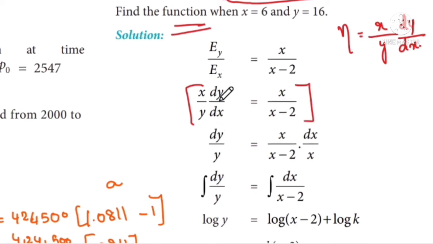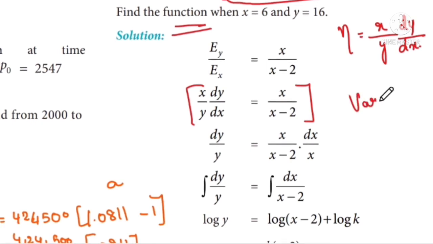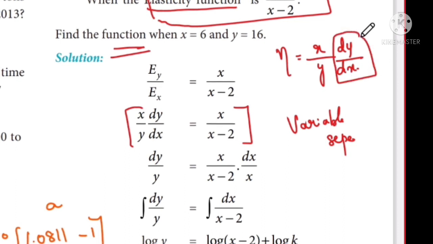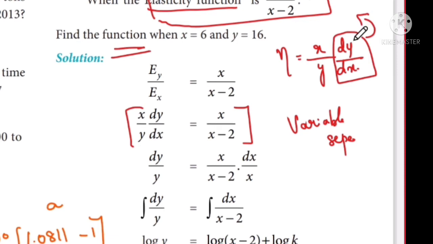So we have to find the function. Separate the variables. There is something called variable separable. Variable separable means you are going to find the original function. There is a differentiation here. To find the original function, you have to take the reverse process.